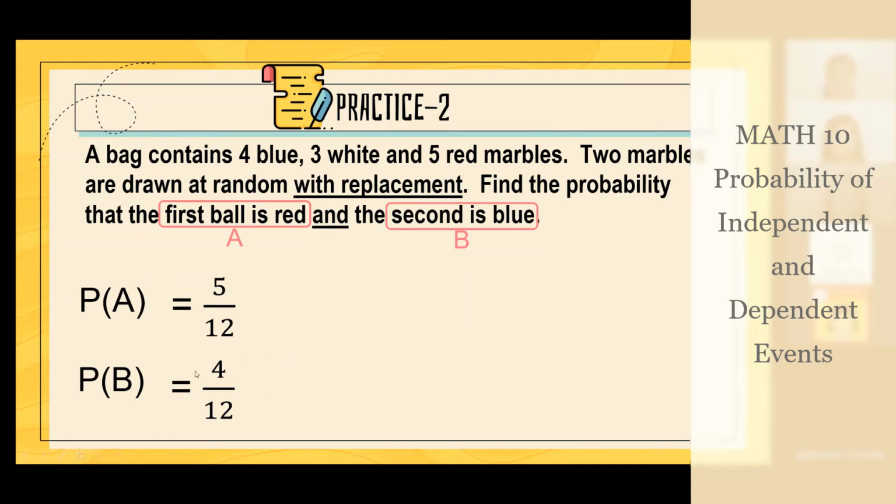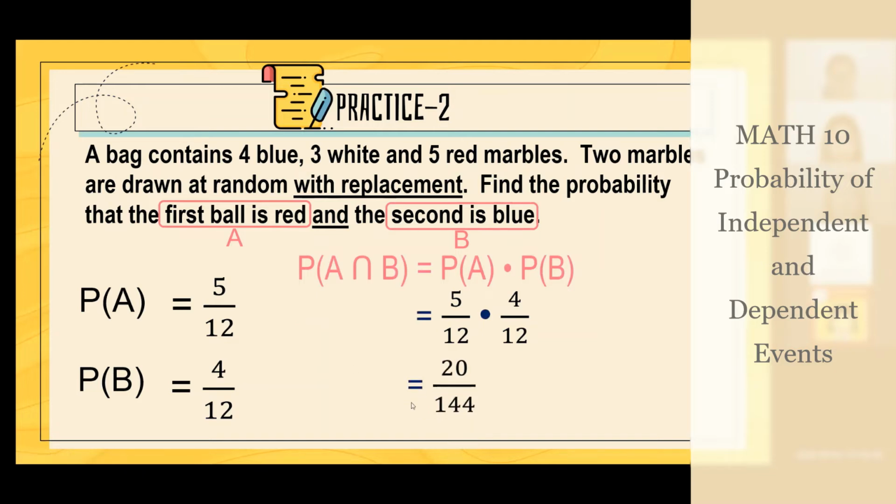We don't need to modify the probability of B because getting the second ball is not affected by the first ball, right? Because there is replacement, you don't need to subtract 1 from 12. It's still 12, and 4 because originally there are 4 blue marbles. So simply multiply the 2, and that's 5/12 times 4/12.